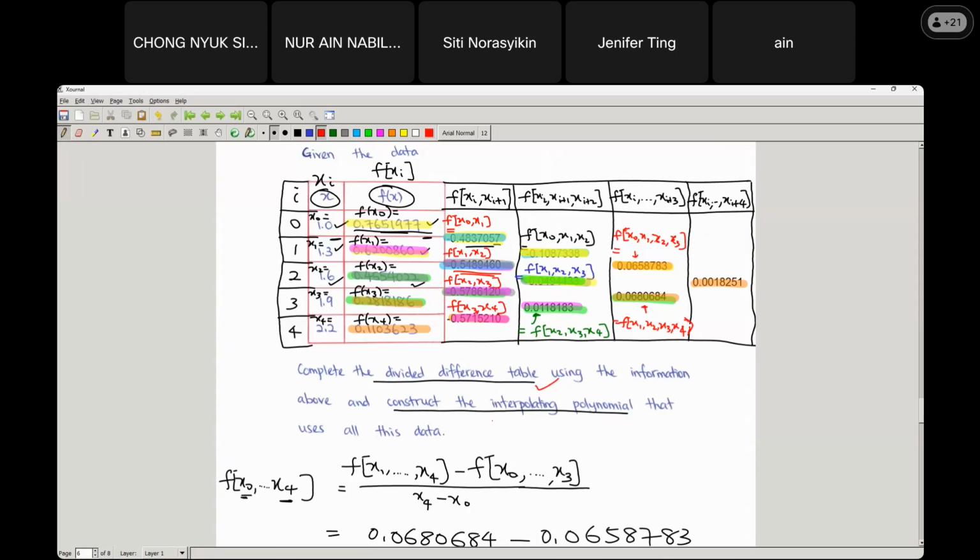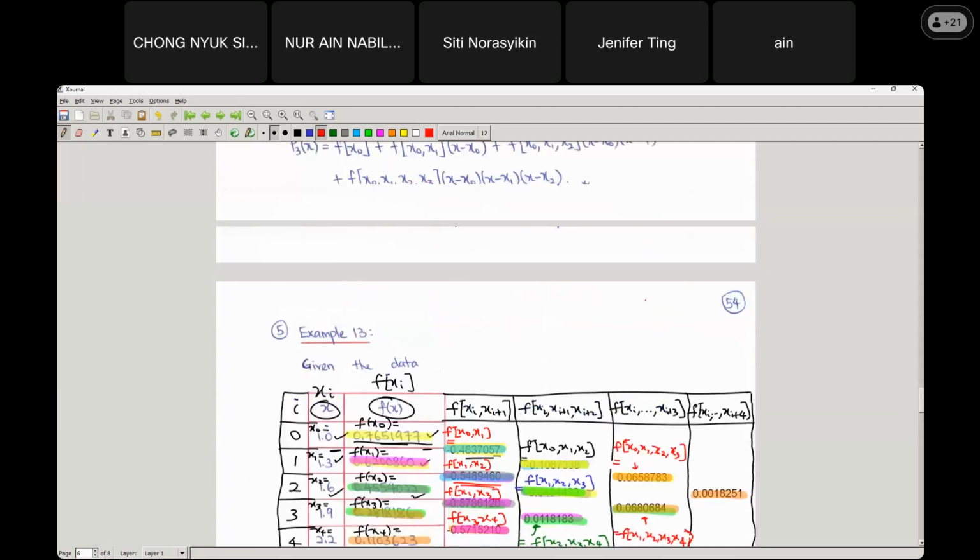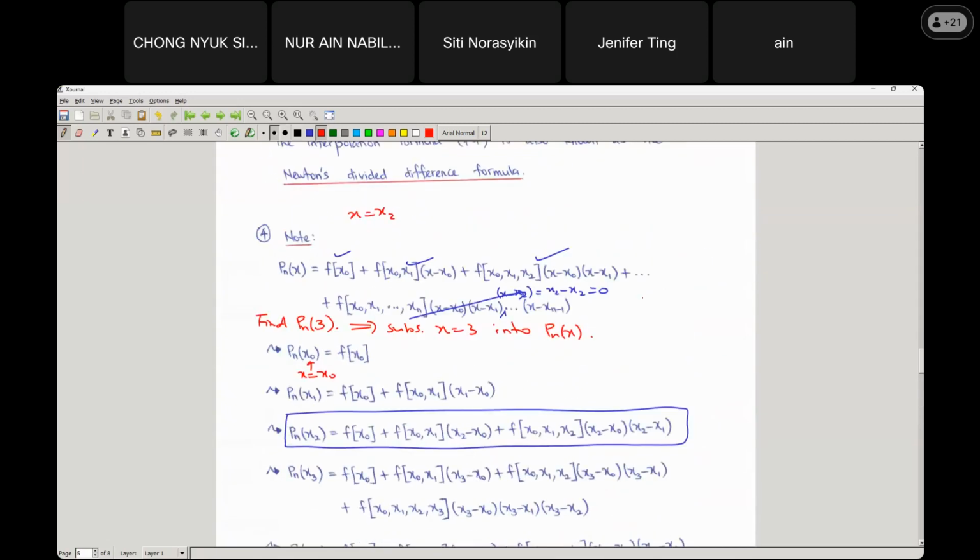Next we need to construct the interpolating polynomial. Which formula do you need to use? That one you need to identify. We are going to use this formula. Let me erase this one first so you can see better.